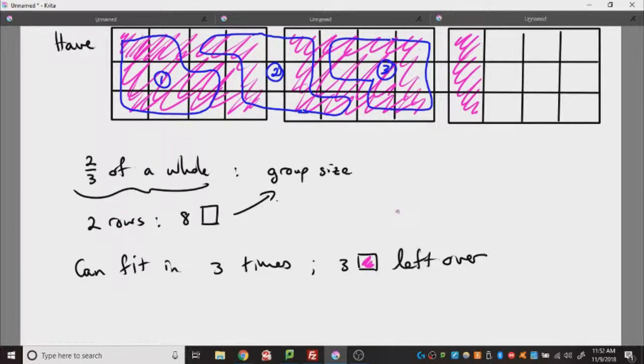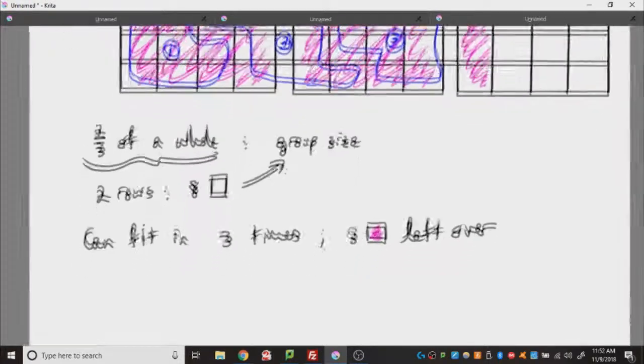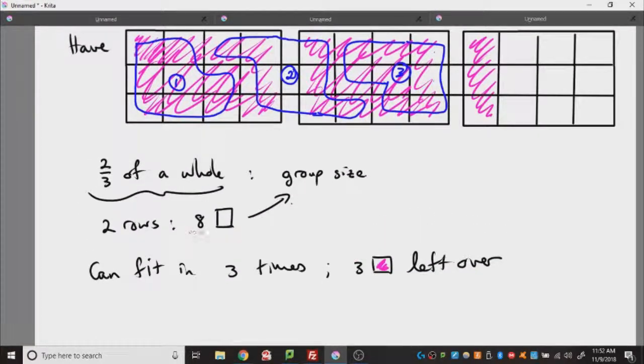Of what I have, 3 are left over. So, because my group size is 8, I can say that I can fit this in 3 whole times, and then another 3/8 of a group can fit. So the answer is 3 and 3/8.